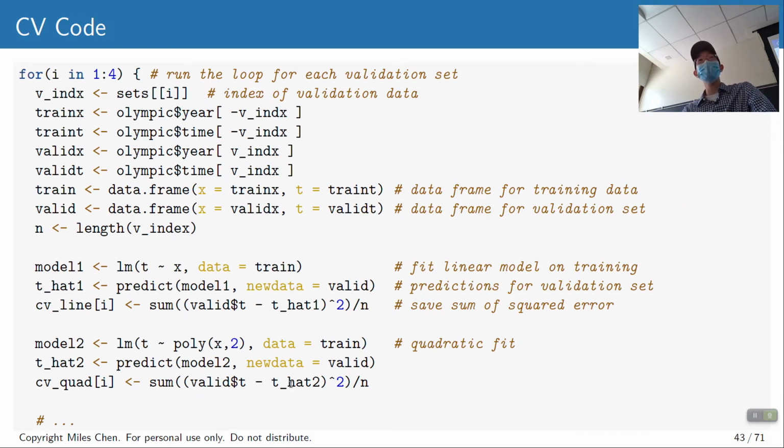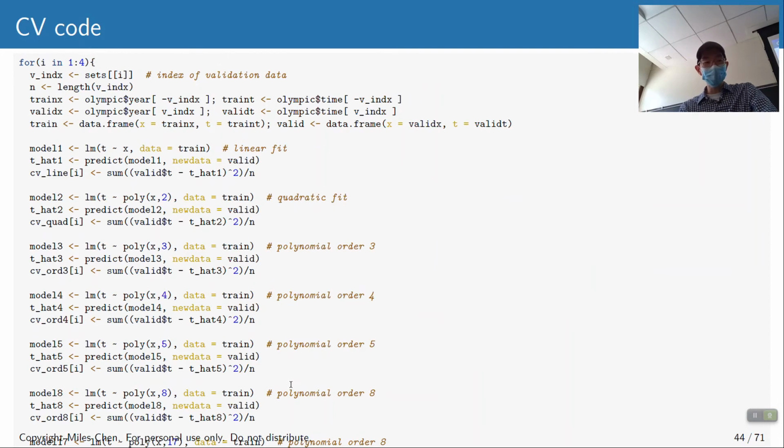We take that difference, square them, and sum them up. And we do this for all of the different models. I've got model 3, model 4, model 5, and model 8, which is an 8th order polynomial, and I think I've got the 17th order polynomial in there as well. Basically, for all of these, I'm just fitting a new model using a new polynomial, and then making predictions using that model.